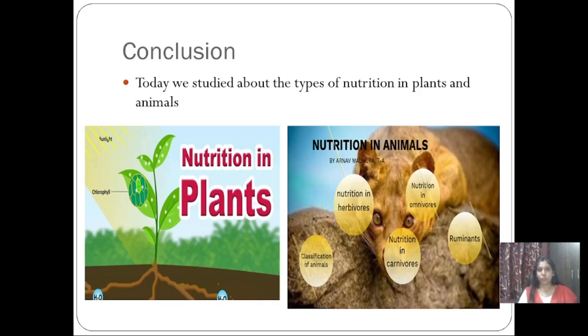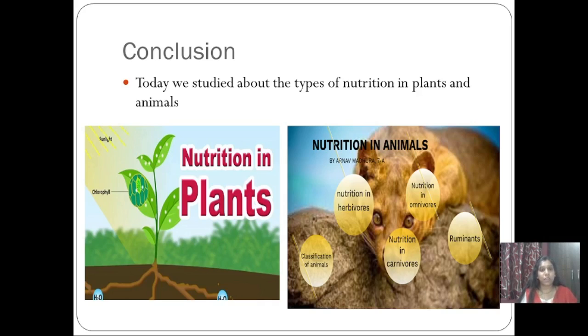So we are done for today. Children, as these animals are aware of what they want to eat and what they should survive on, in the same way, children, you should also be self-aware.